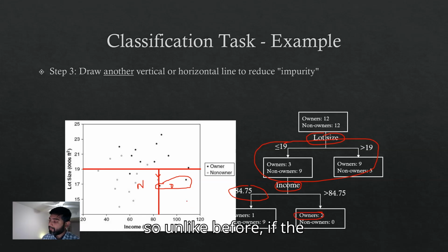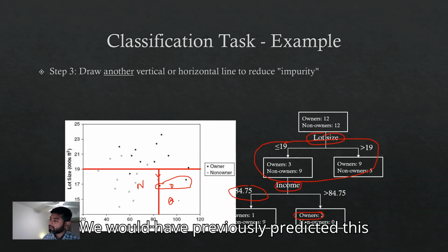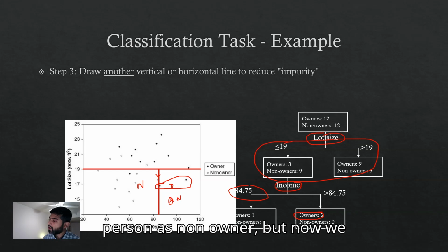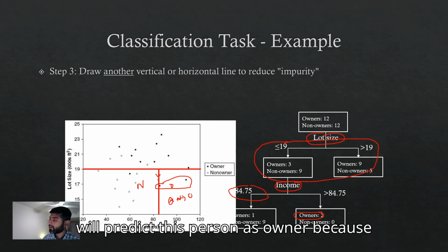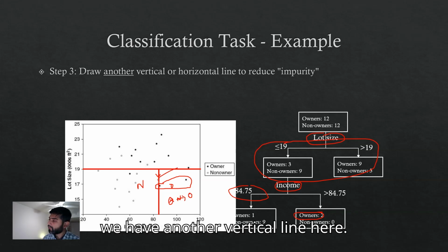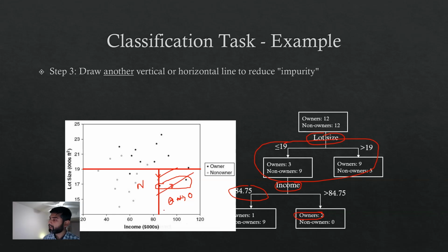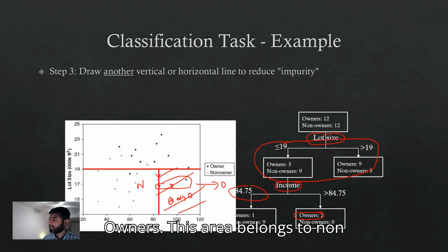So unlike before, if a new person from the new data set falls in this category, we would have previously predicted this person as non-owner, but now we would predict this person as owner because we have another vertical line here. So this area now belongs to owners. This area belongs to non-owners.